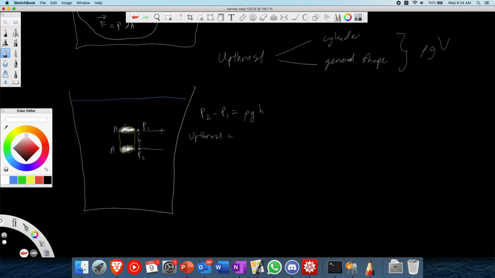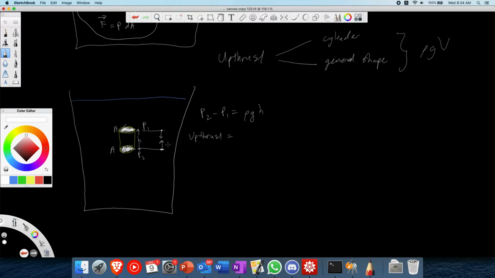So at the top, the pressure will push it down, and at the bottom, the pressure will push it up, because at the top the liquid is above the solid, whereas at the bottom the liquid is below the solid.